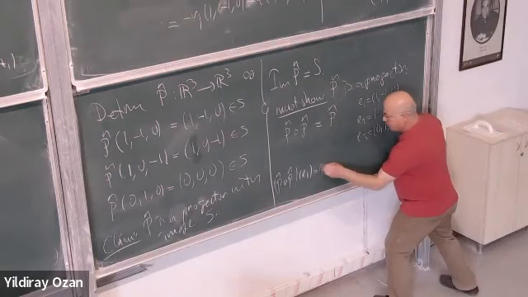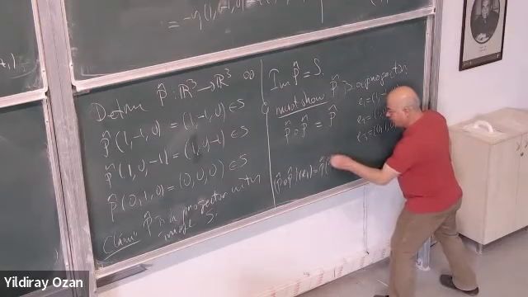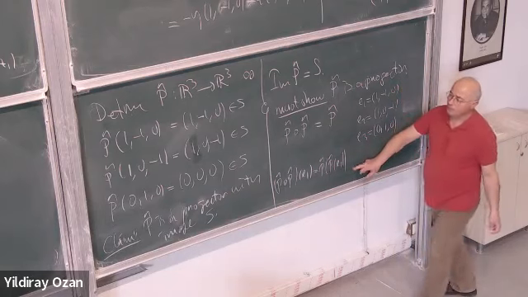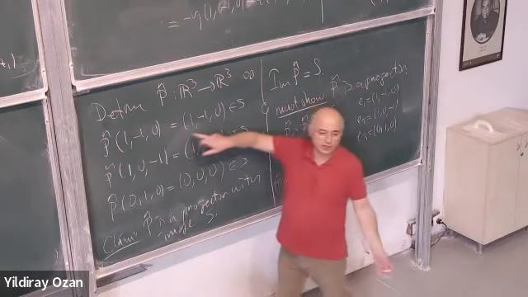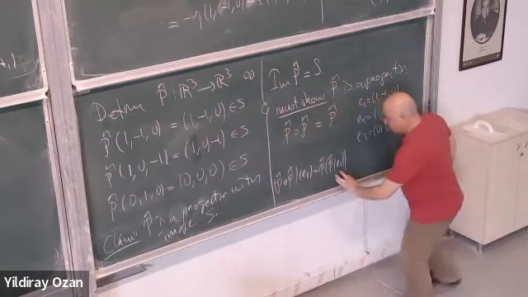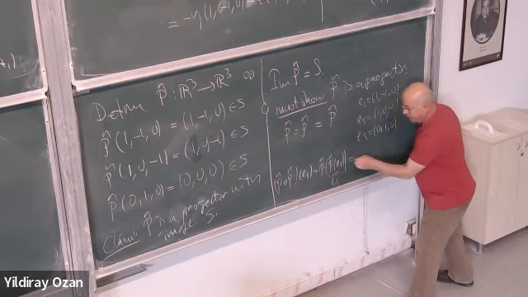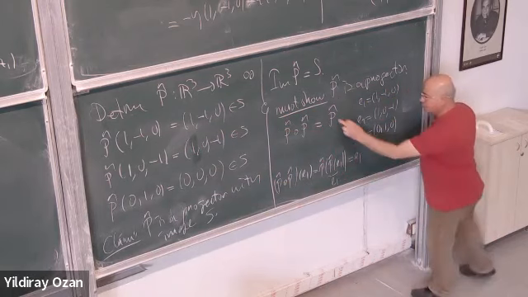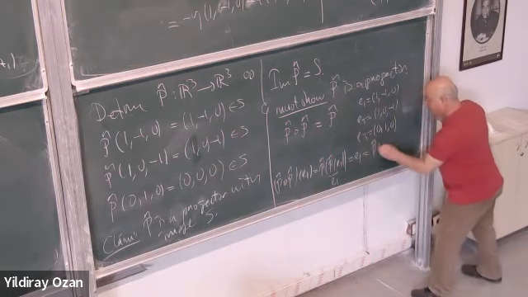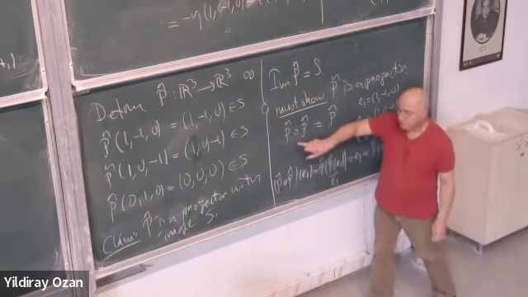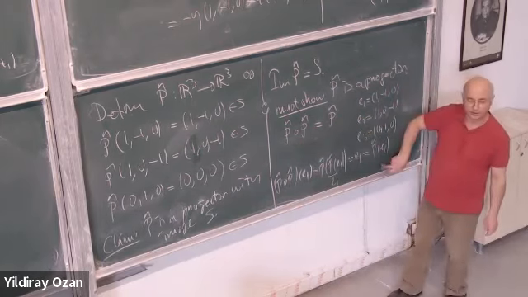Well, this is just P hat of E1. But what is P hat of E1? Well, P hat of E1 is just E1. So this is just E1. And P hat of E1 is again E1. So on E1, this and this operator agree.